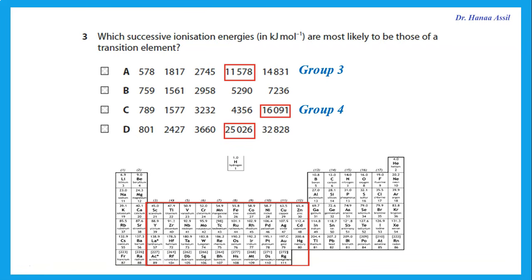The one in C has a huge jump after the fourth ionization energy, that means it's an element in group 4. The choice in D has a huge jump after the third, that means this is something in group 3. But where we do not have a huge jump from one ionization energy to the next, that is probably the transition element.